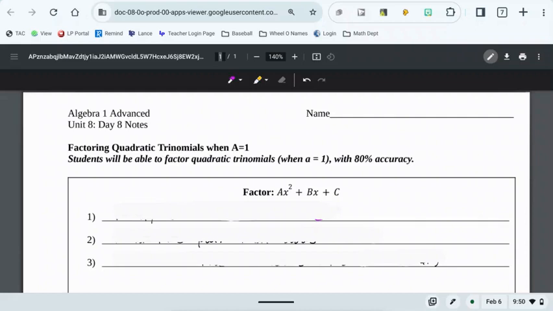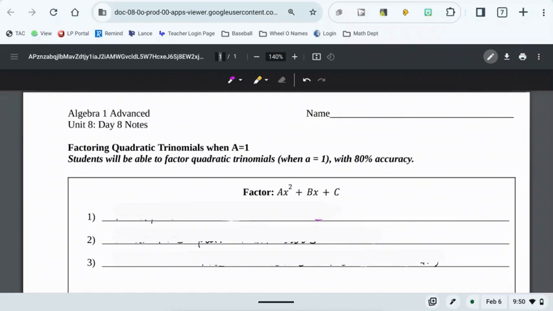So when we talk about factoring, we're looking at this outline of quadratic trinomials. So we have ax squared plus bx plus c, where a and b represent coefficients and c represents the constant. And we have our x squared and our x, our variable terms.